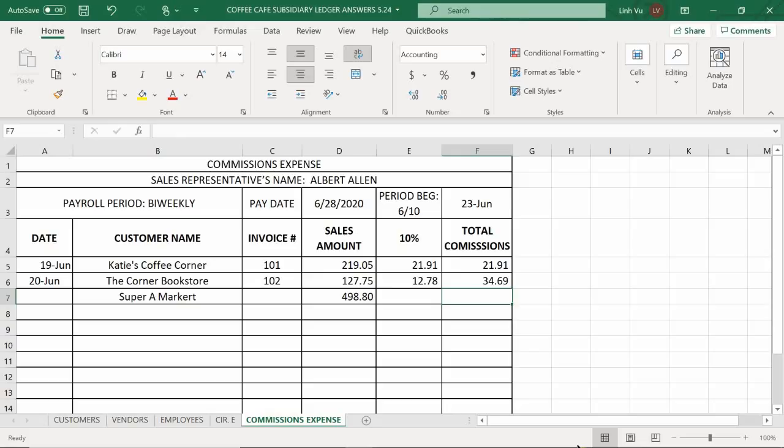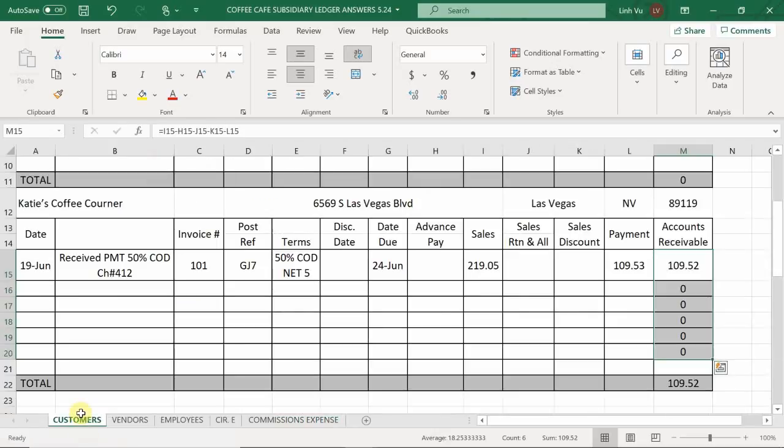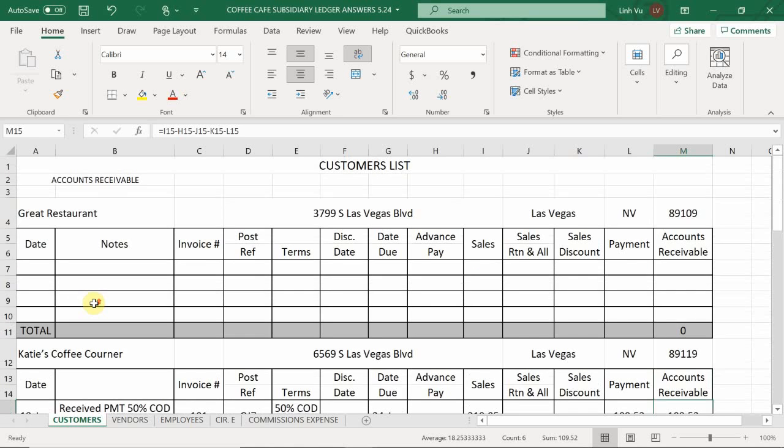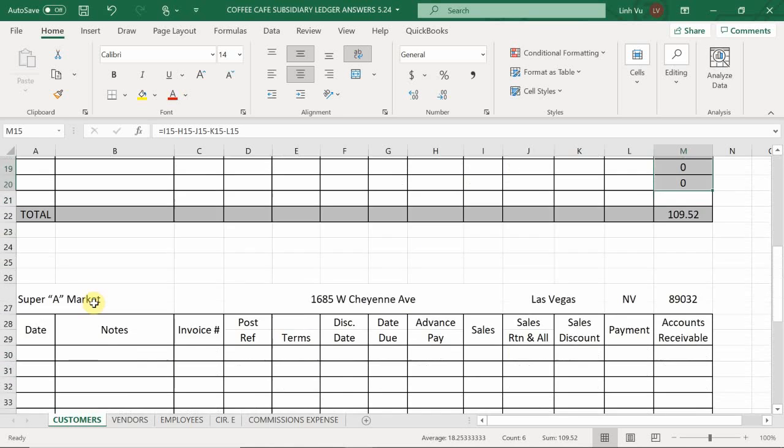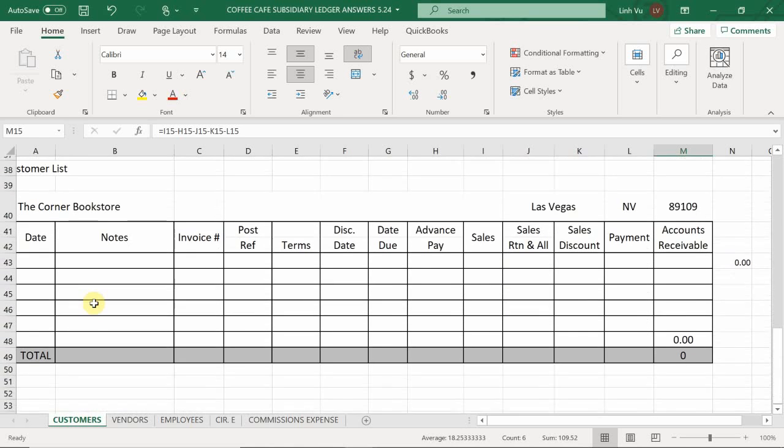Actually in this case it's two more: the customer list. Go over to customers. Who did we deal with? The Corner Bookstore. That should be the very last table here.